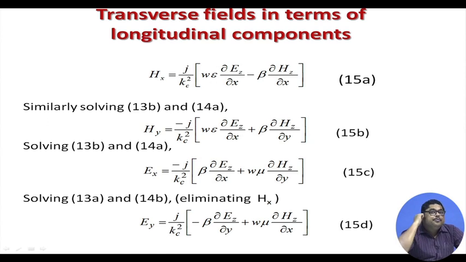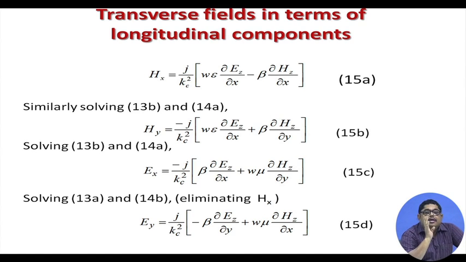so you see that when Kc is 0, then this becomes a 0 by 0 case. So, 0 by 0 may have some value, that we know, L'Hospital and all those. So, I cannot say that Hx is 0 always.